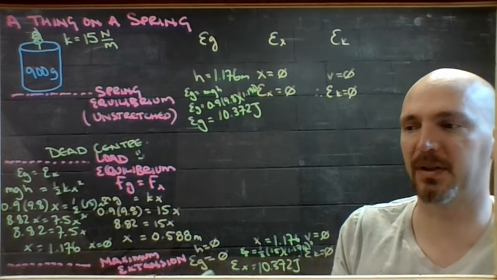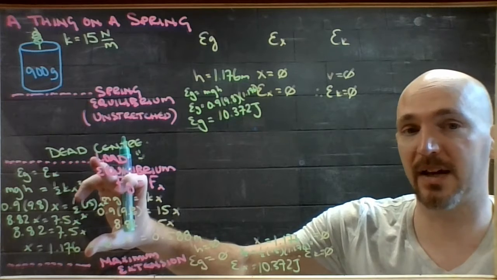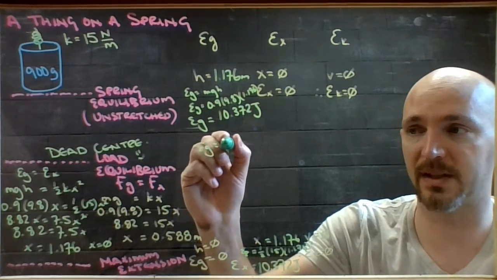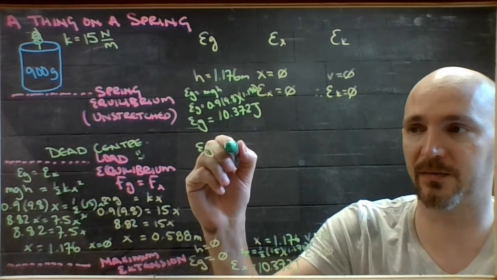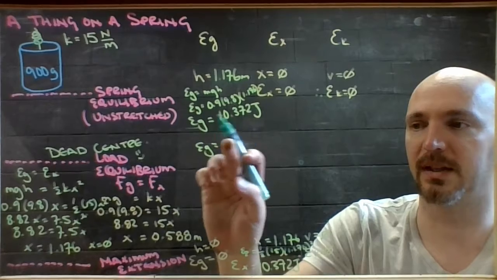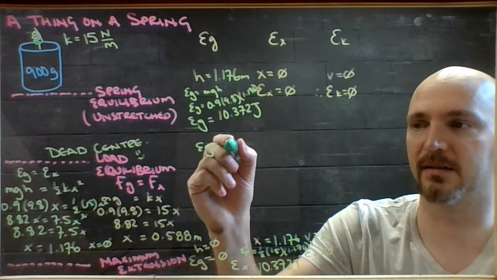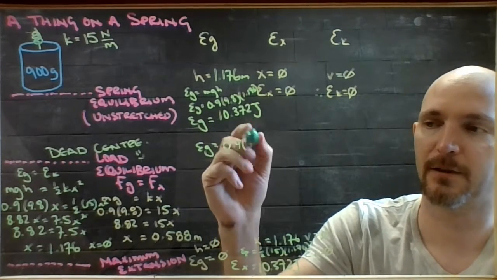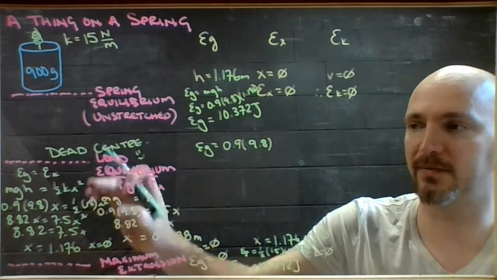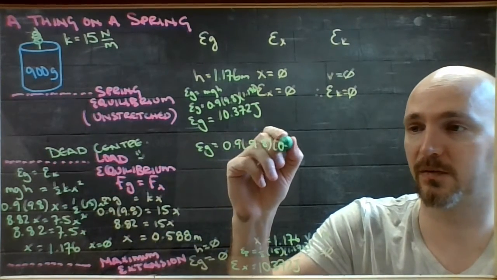So at that place, it's 0.588 up from the bottom. So it will have a gravitational potential energy. Its mass is 0.9, g is 9.8, and this thing is 0.588 up from the lowest point.